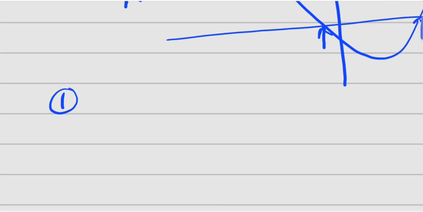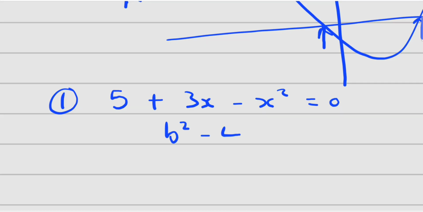So our first example will be, let's say, 5 plus 3x minus x squared is equal to 0, right? And we want to make a conclusion about the nature of the roots. And so we use the discriminant, or b squared minus 4ac.